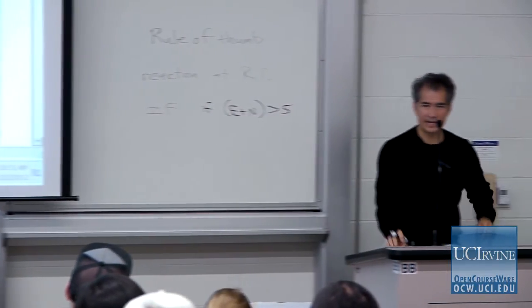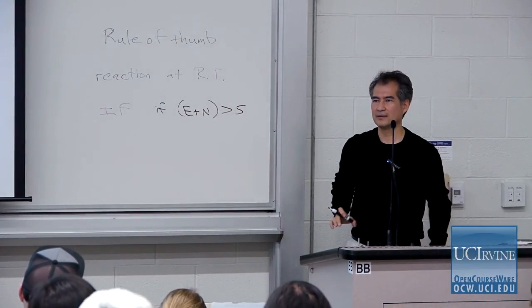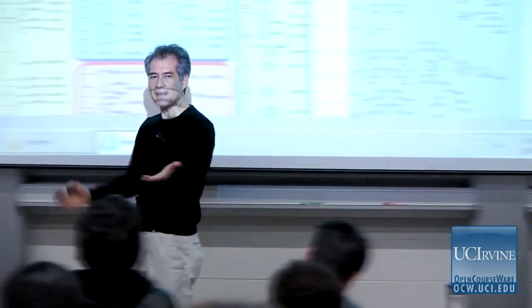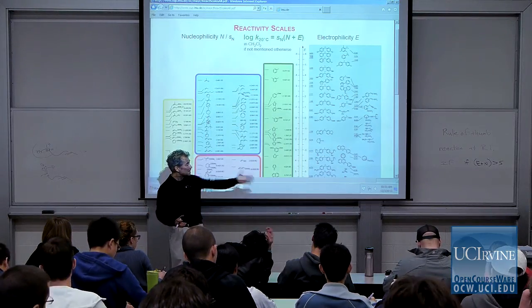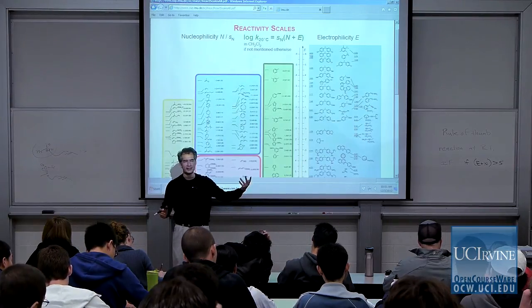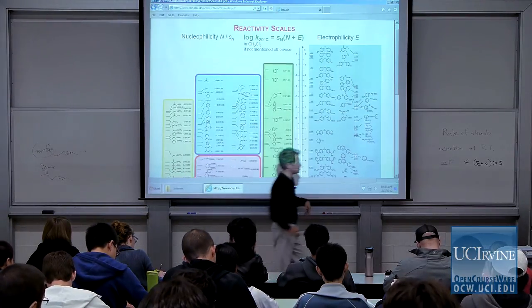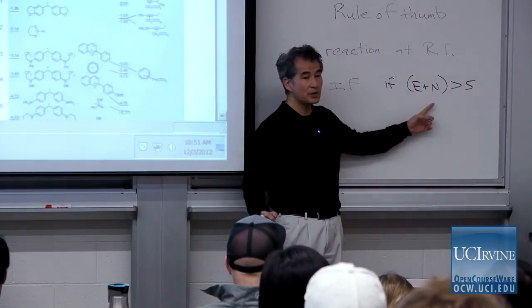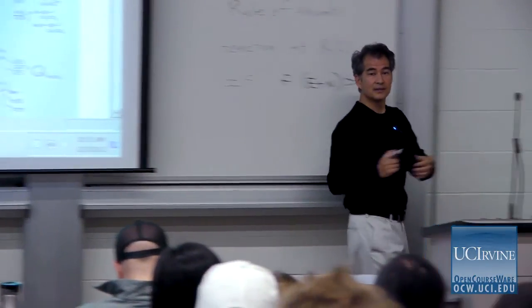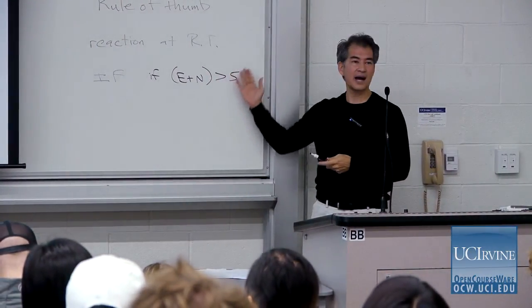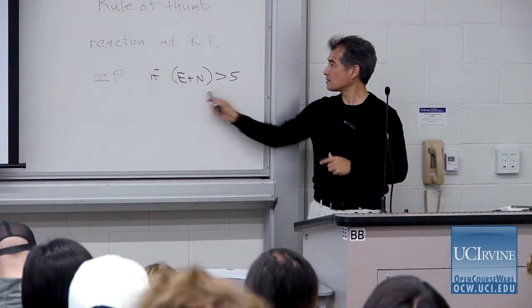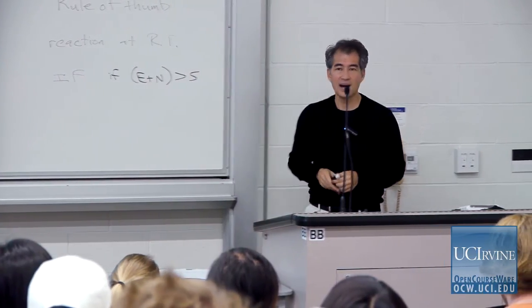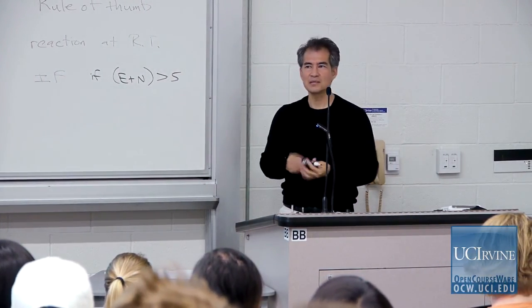Now very rarely in organic chemistry do you have this kind of simple predictive power. Right? This is what you want to get out of this class. You want to be able to predict which reactions are fast, which reactions are slow, and if you're not sure, if you didn't get an intuition by sitting and listening to the lectures, you can go to these tables and look these kinds of things up. If things are really electrophilic, or super nucleophilic, or both, then this number will get higher and higher and higher. Better electrophiles will make this number higher, and better nucleophiles will make this number higher. And so if that sum is greater than 5, then you can expect things to react at room temperature.